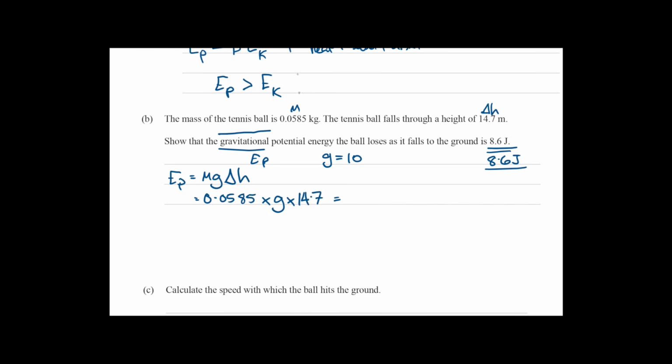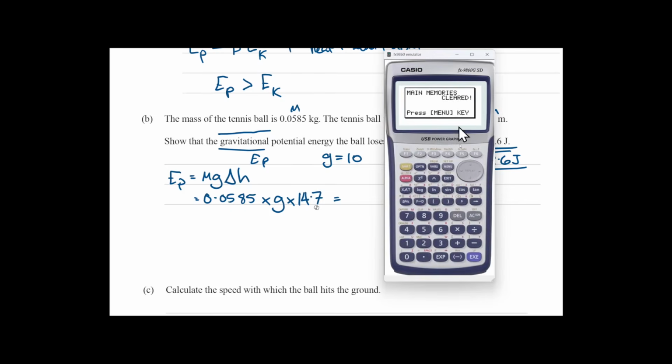And we're going to grab our calculator and put those numbers in. So 0.0585 times, well, I put g there, but g is 10, times 14.7, and that's 8.8995.